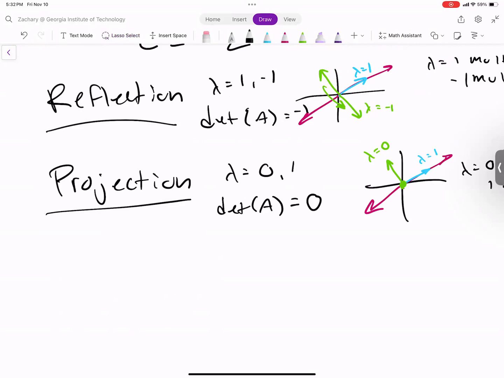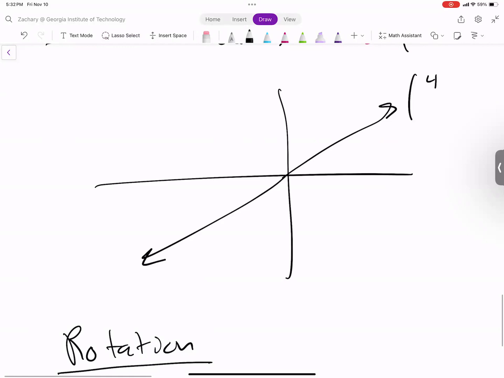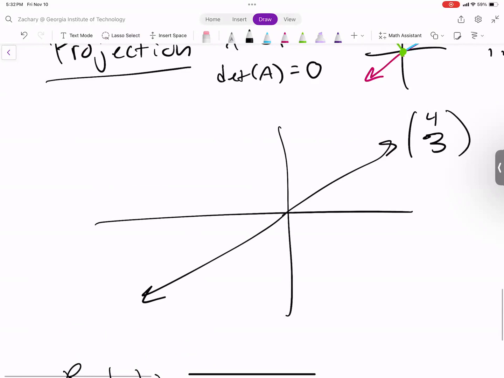But if I give you a graph, and this is the span of, I don't know, 4, 5, 4, 3, and I'm saying that this is a projection onto this line, so this is the line we're projecting onto. This is my lambda equals 1 eigenspace. How do I find my lambda equals 0? How do I find a vector that sticks straight off?